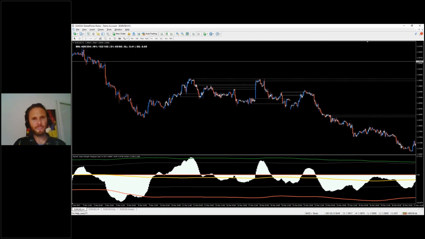This one here is an area of supply. This is a parent supply, because it was created independent of any other area of supply. Price formed this pattern right here in the middle of nowhere. This is another parent, this is a parent, this is a parent.